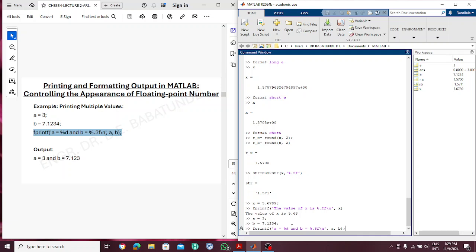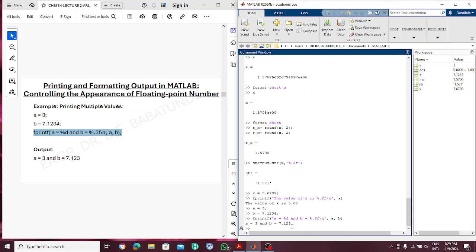So the first placeholder is %d, which means what I supply first is going to be an integer. Then the next part is the %.3f. Okay, so if I press enter, then I'll see it printed: a equals 3 and b equals 7.123. So the placeholder has been dynamically filled up by the variables that we passed into it.